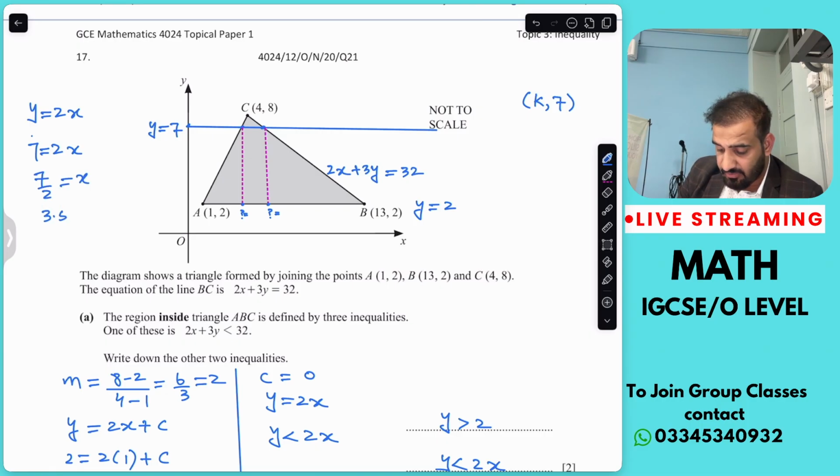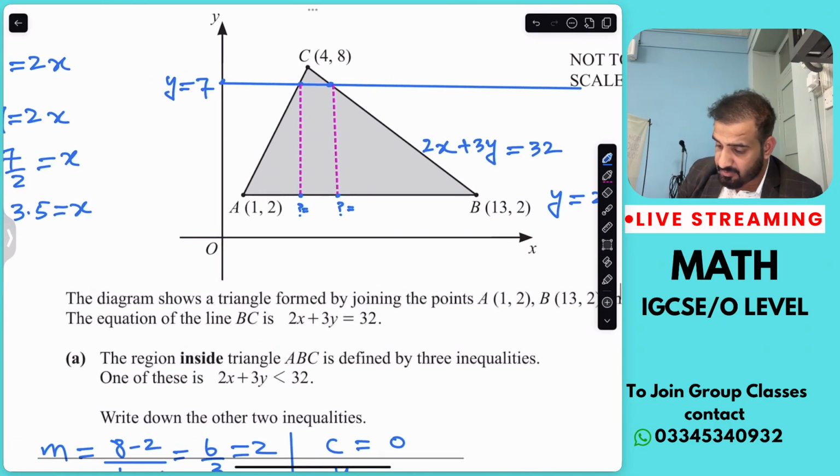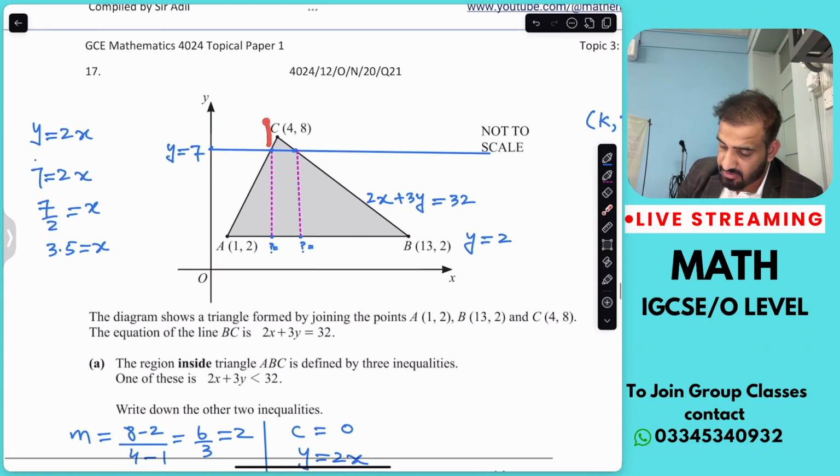It is 3.5 is equal to x. It means the coordinates of this point are 3.5 comma 7.